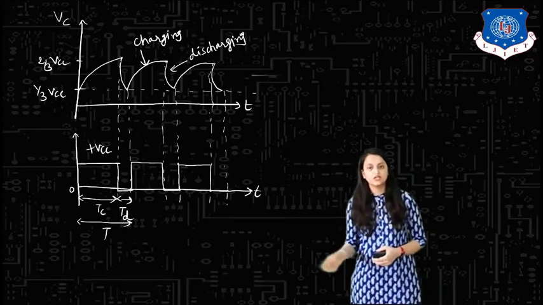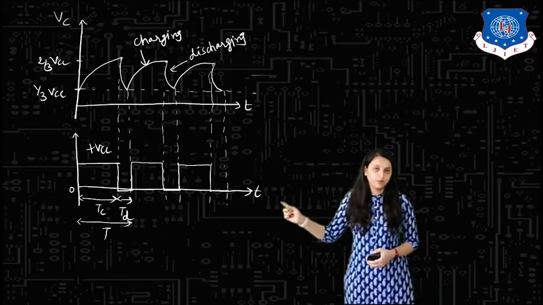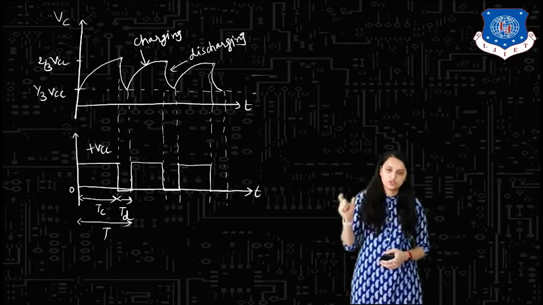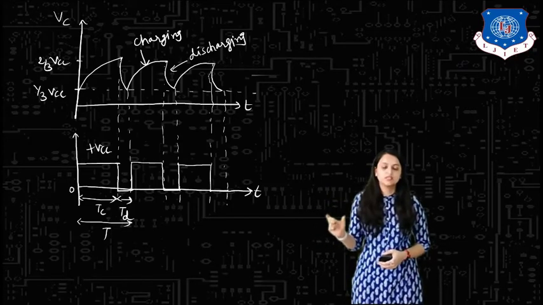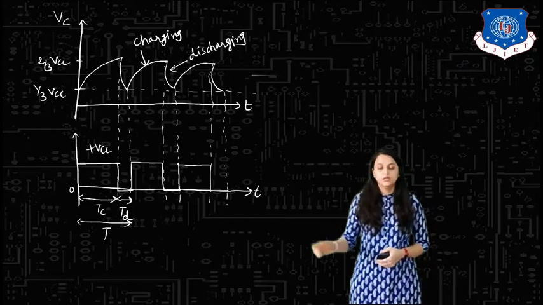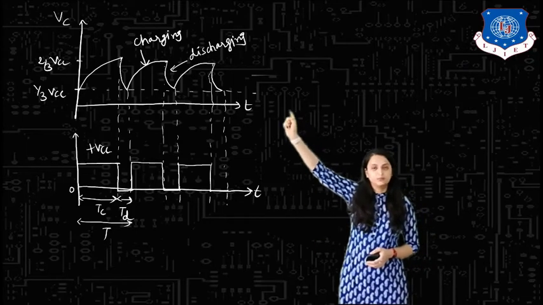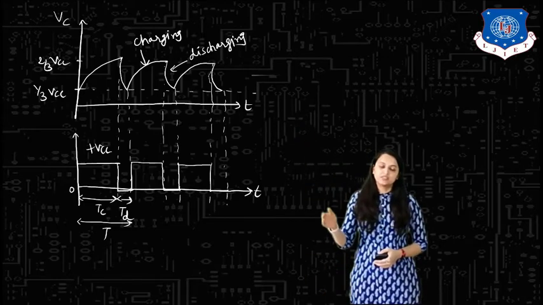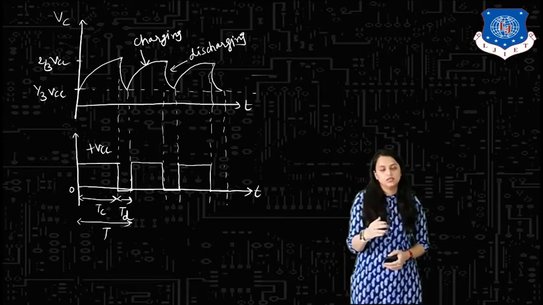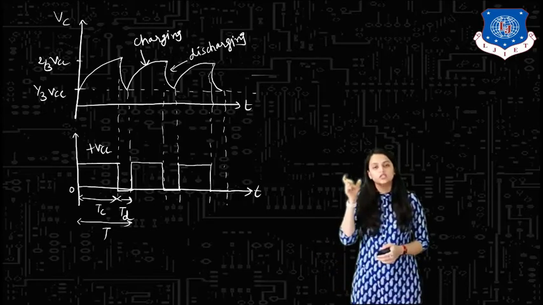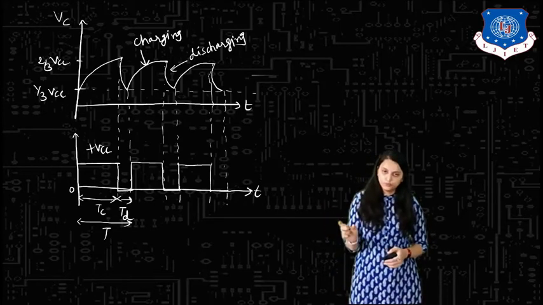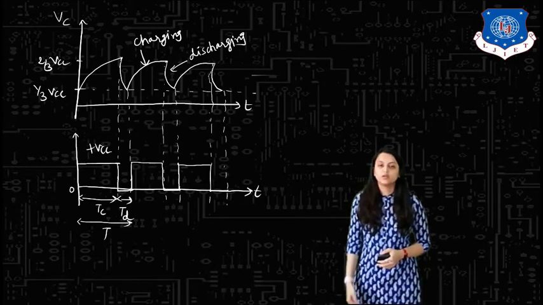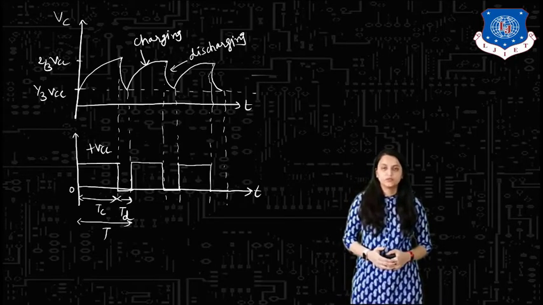As you can see over here, the charging time is more as compared to the discharging time, and the total of charging and discharging, or on and off time, is called the total time period T. Here reference levels 1/3 VCC and 2/3 VCC are indicated. Capacitor charging and discharging is also indicated. In the charging instant, we will have the output, and in the discharging instant, the output will be off, or else the output will be 0. Alright?